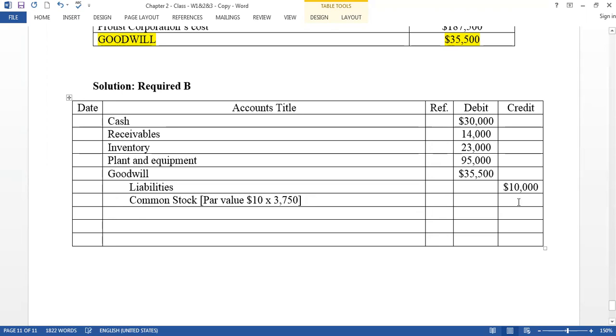And the remaining is the additional paid in capital.